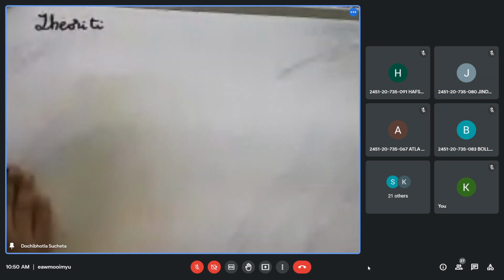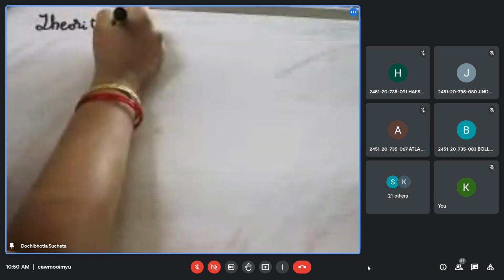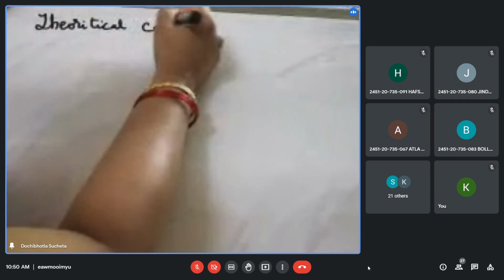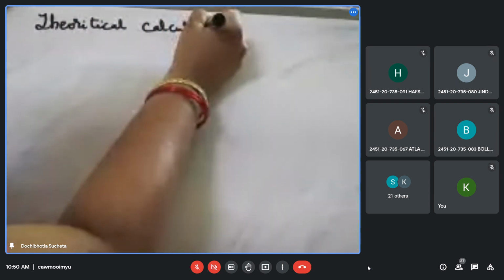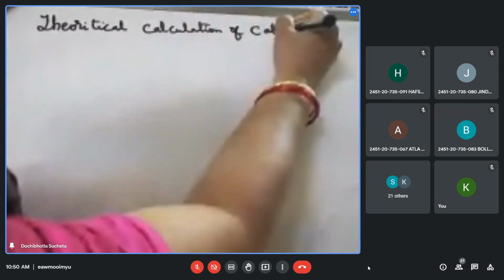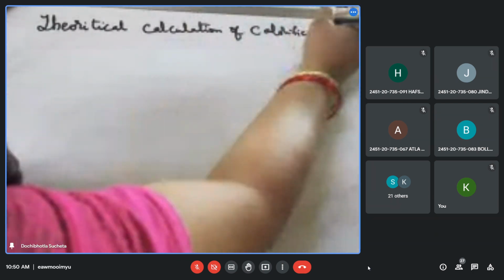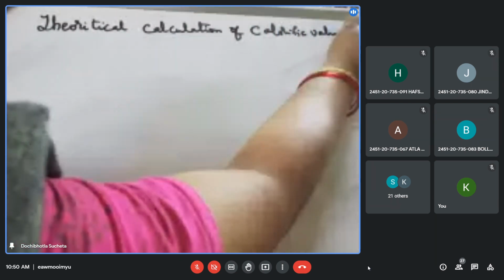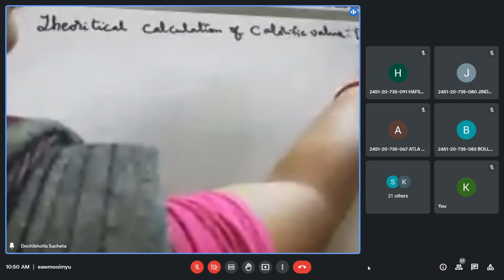Write it. Theoretical calculation of calorific values, and the formula used is Dulong's formula.